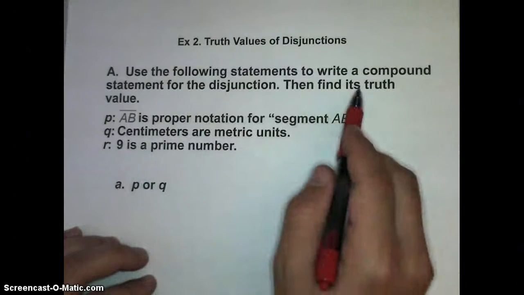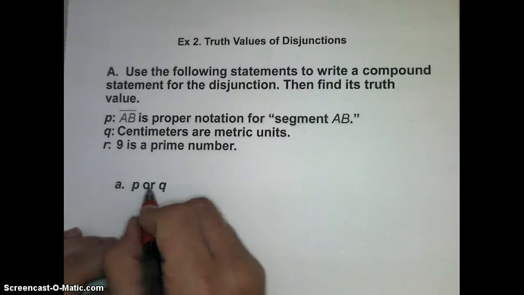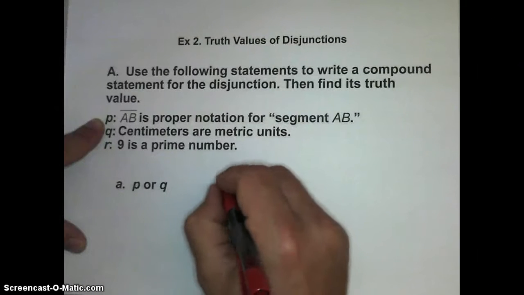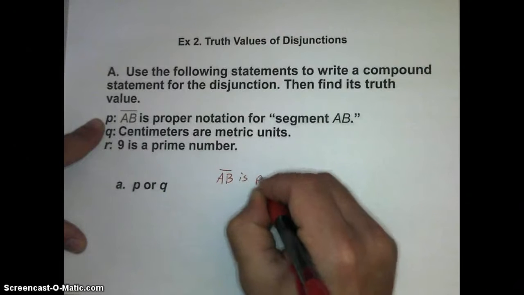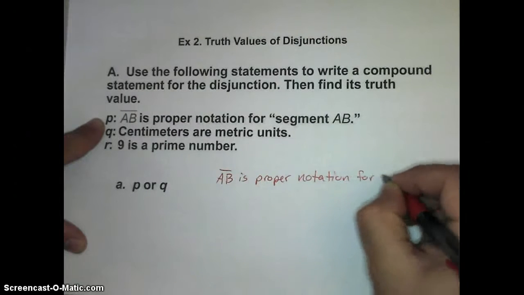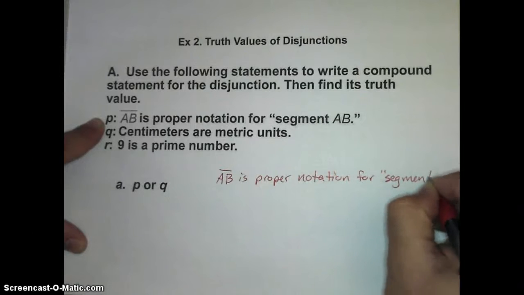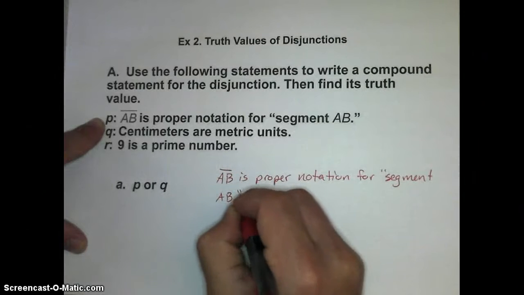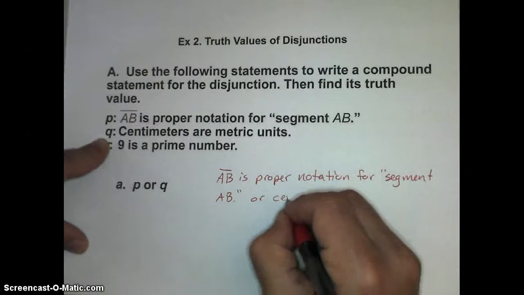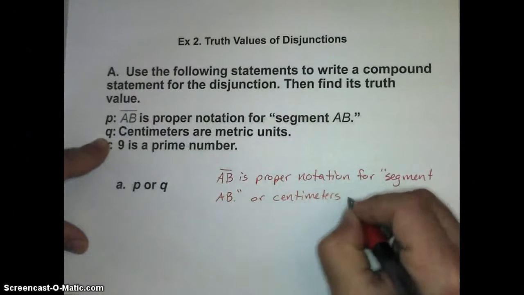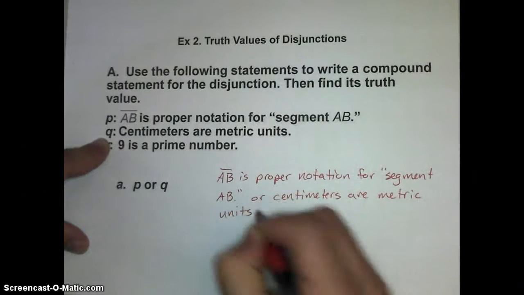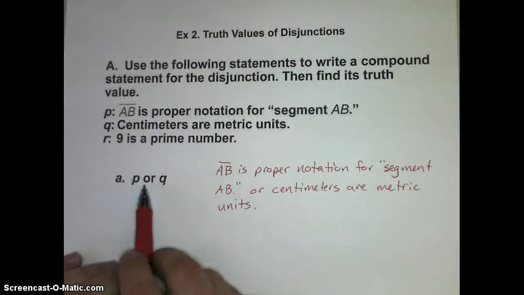We want to come up with a disjunction of the statement P or Q. So that means we are going to start with saying the statement from P, and there's our one sentence statement that is a disjunction of P and Q.